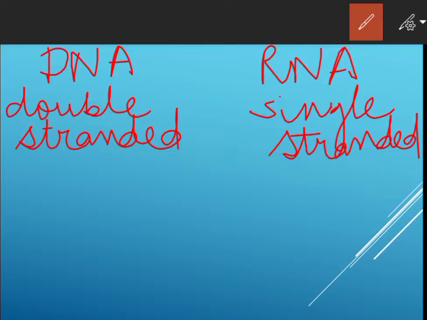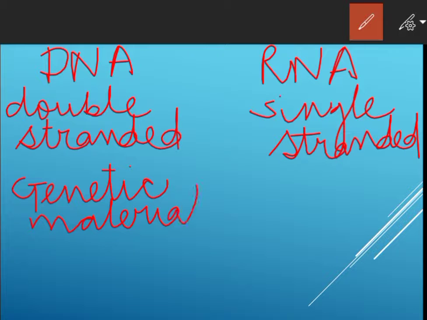Second point of difference is DNA is the genetic material in all living organisms, whereas RNA is the genetic material in only viruses.